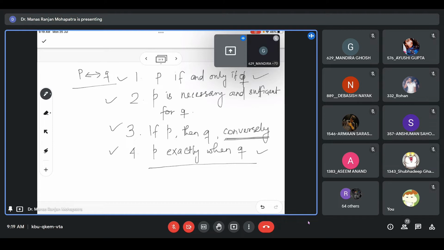For not, the negation, we need a single statement, and for all the others, conjunction, disjunction, exclusive or, implication, and biconditional, we need at least two statements to form a new compound statement. This can be extended to as many statements as you want, and the truth table can be constructed one by one.